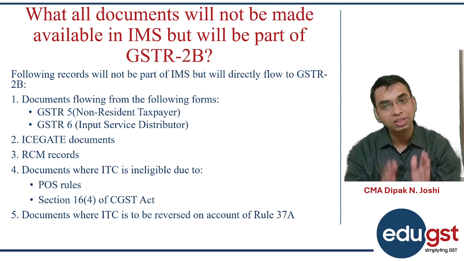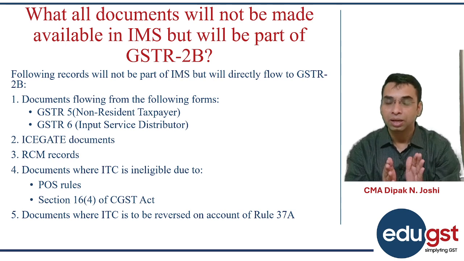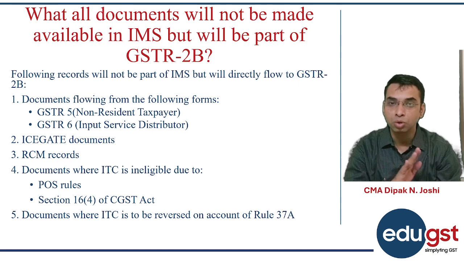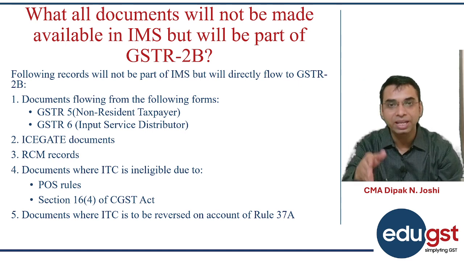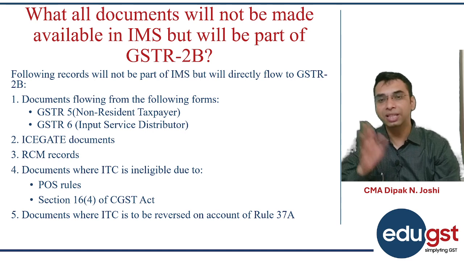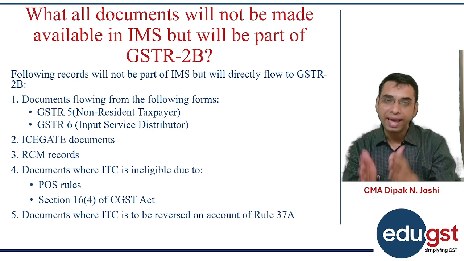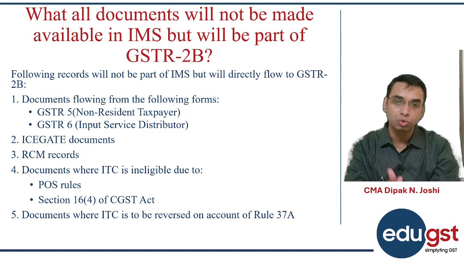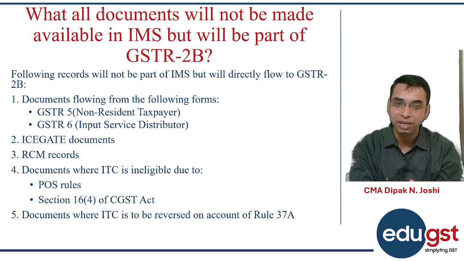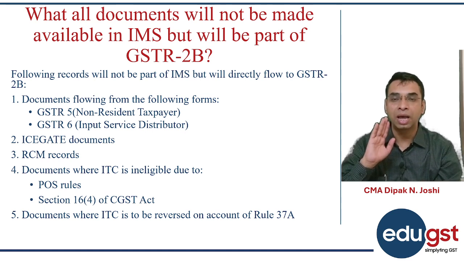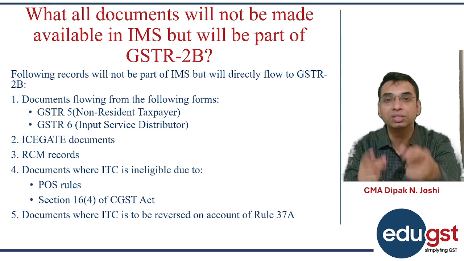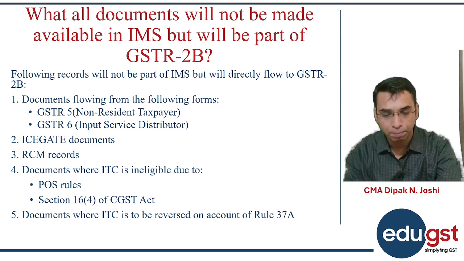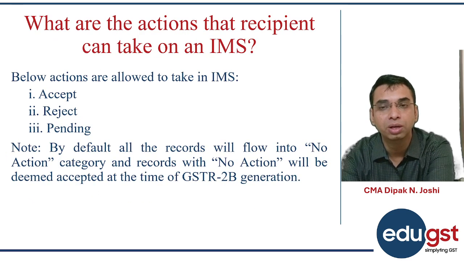So this is the change. Your GSTR2B is no longer static. It will be static only after filing of GSTR3B. Till then you can make changes. You can accept an invoice, you can reject an invoice, you can keep invoices pending in the IMS portal, and based on that action, the portal will generate your GSTR2B. So this particular aspect we should remember.